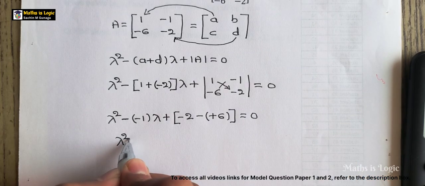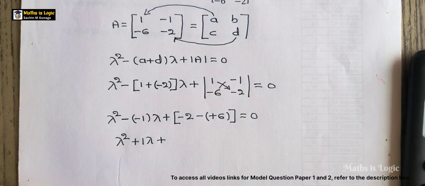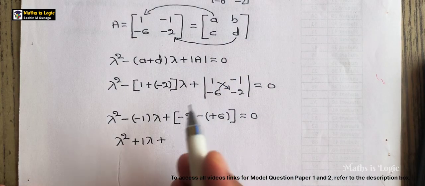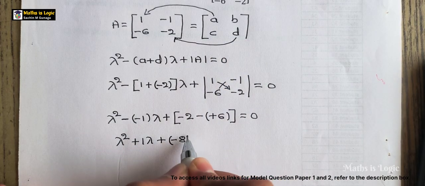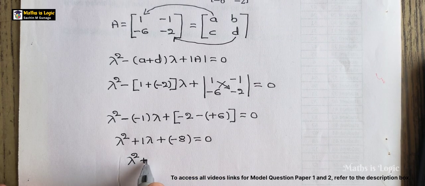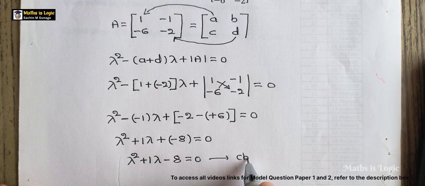Next, lambda square as it is, minus into minus becomes plus 1 lambda plus, again use the calculator. So this is minus 2 minus of in bracket plus 6 plus 6, close the bracket. So minus 8. So in bracket minus 8 is equal to 0. Therefore, what is the final answer? Lambda square plus 1 lambda plus into minus is minus 8 is equal to 0. So this is the required characteristic equation.